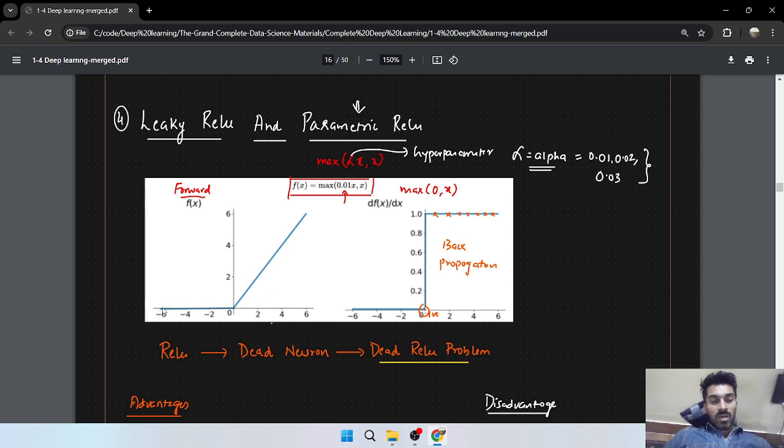It is not exactly 0, it is touching like 0.001, something like that. So it is now able to solve the dead neuron problem, which happens in ReLU. So this problem is also solved in leaky ReLU. Basically alpha is a very small number, 0.01. You can take any number, it's basically a hyperparameter.